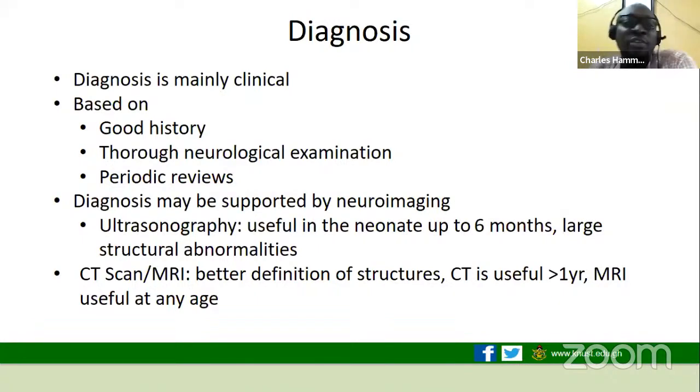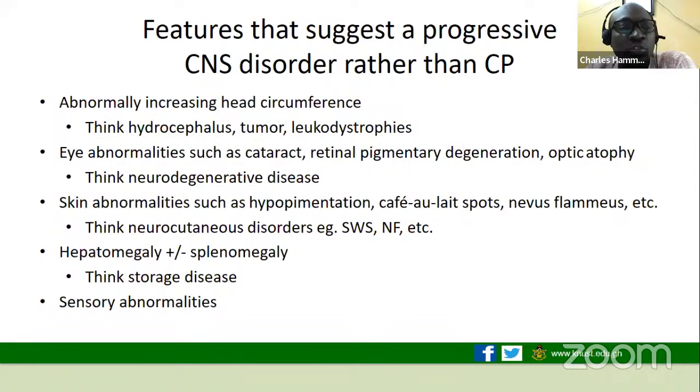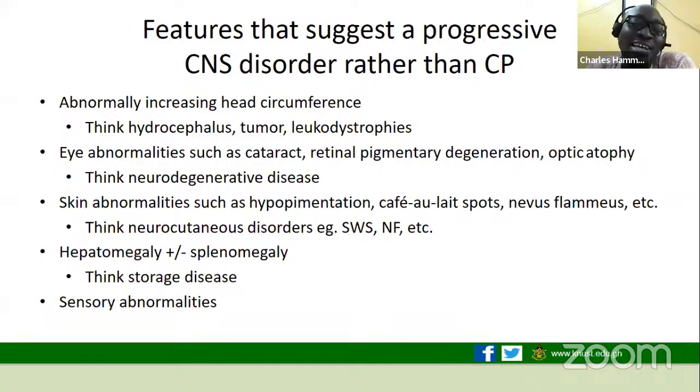There are some features that when you see, you should think about some other conditions different from cerebral palsy. Most of the time, we box all neuro-disabilities into cerebral palsy. So we get all sorts of patients referred to us as having cerebral palsy, but you realize that they have something else. So we need to look beyond that.